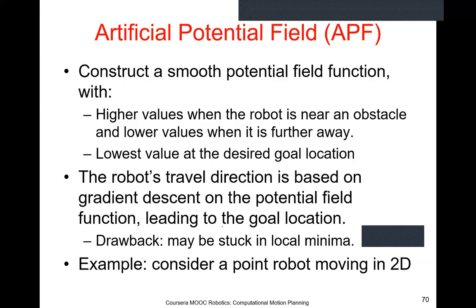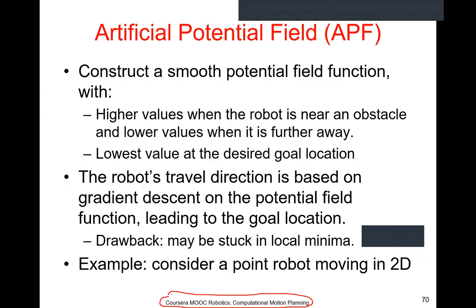So the robot's travel direction is based on gradient descent on the potential field function, leading to the goal location. The drawback is that it may get stuck in a local minimum. This example is taken from the Coursera robotics course on computational motion planning, but it's specialized for drones, for aerial vehicles, which is more complex than a ground vehicle.